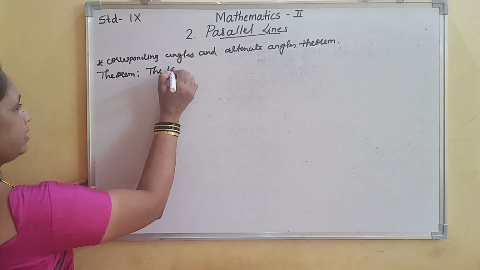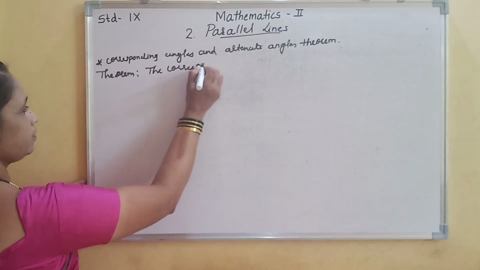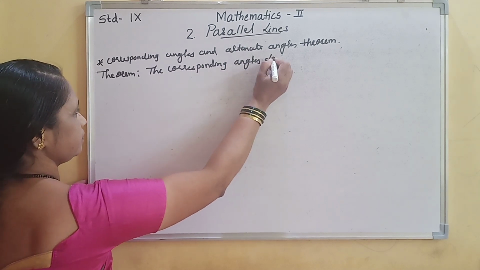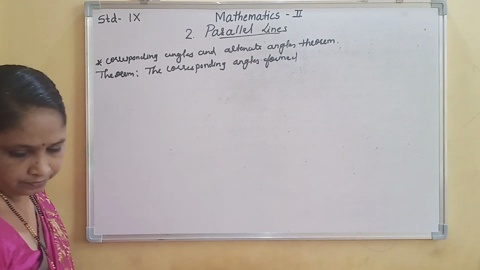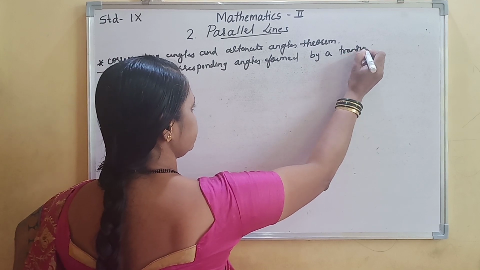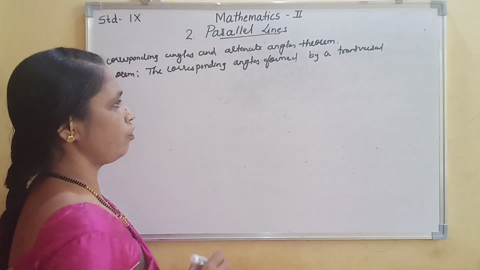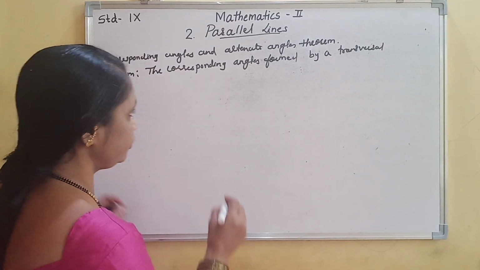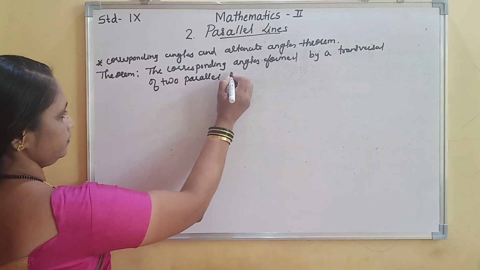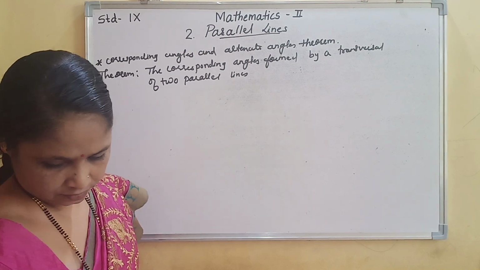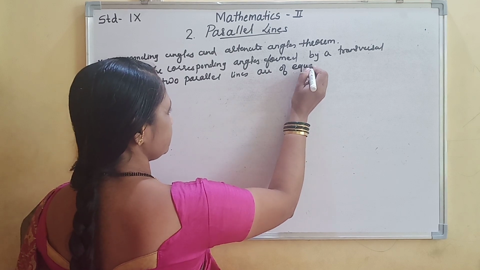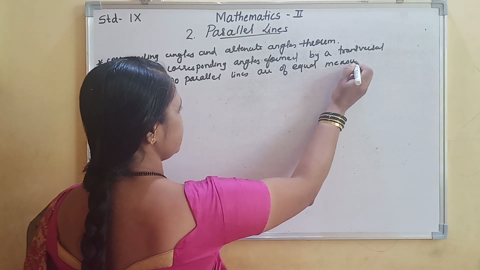Okay, the corresponding angles formed by a transversal of two parallel lines are of equal measure.